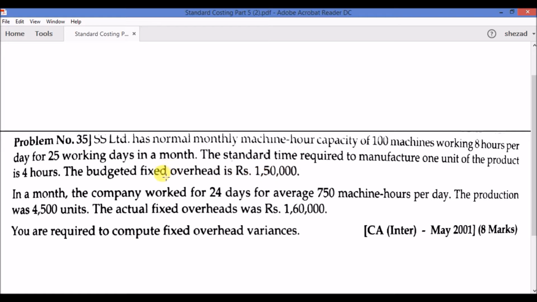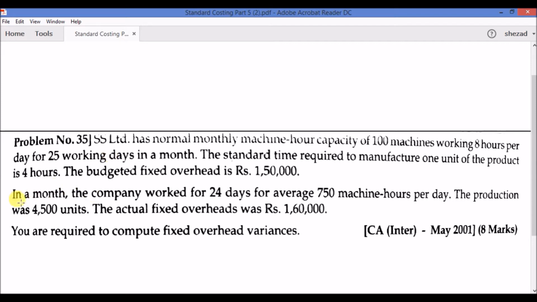Okay, so this is a tricky sum, but one thing you need to remember is that they have given us 25 working days. So when you have days in the sum, you should remember that the fixed overhead variance, everything, is what they are expecting us to write in the paper. So this is a comprehensive sum which is going to cover fixed overhead variance completely.